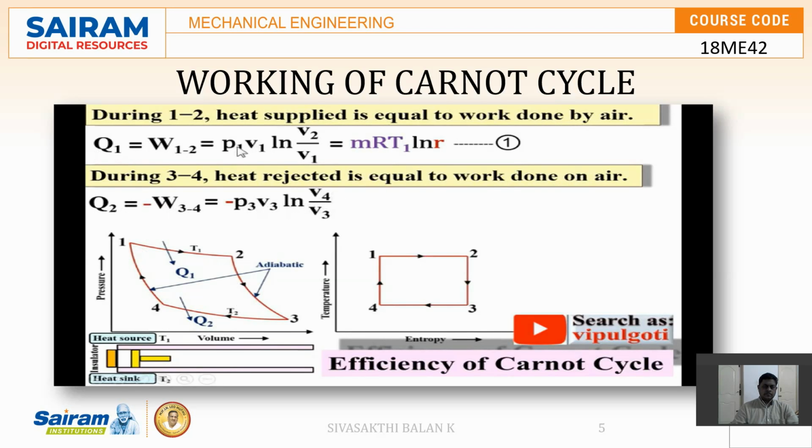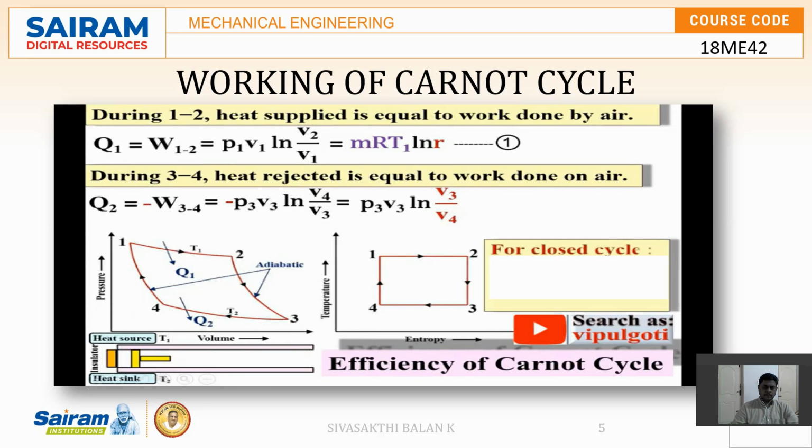Keep in mind that during this process, V2 is your final volume and V1 is your initial volume, so it is final volume upon initial volume. Similarly over here it is final volume upon initial volume. So for 3-4, this is your final volume and this is your initial volume. If I want to convert this negative sign into a positive sign, then I can say it is P3 V3 ln V3 by V4, and that V3 by V4 is the compression ratio.